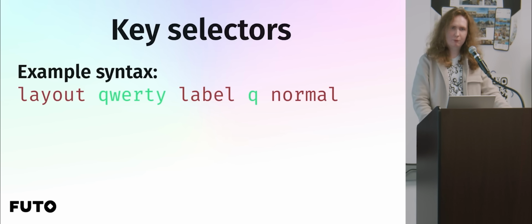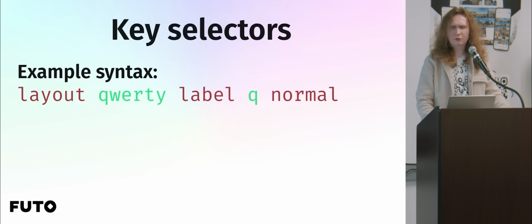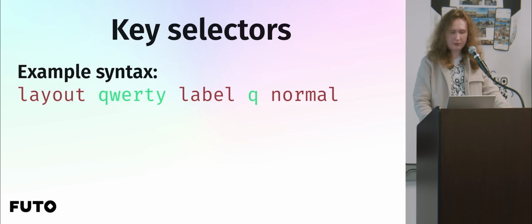Each key asset will be associated with a selector. A selector is basically just a string that describes which key you want to apply this asset to. For example, you could say layout QWERTY, label Q, normal. Some of these keywords take arguments.